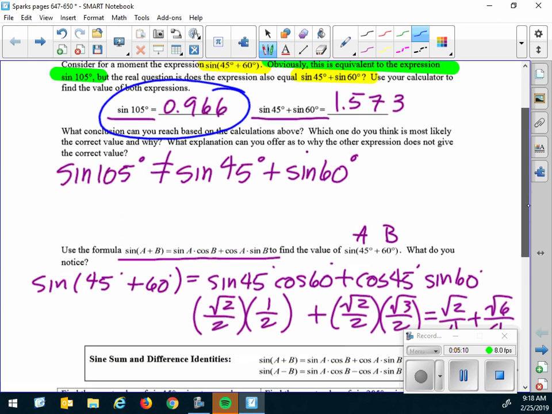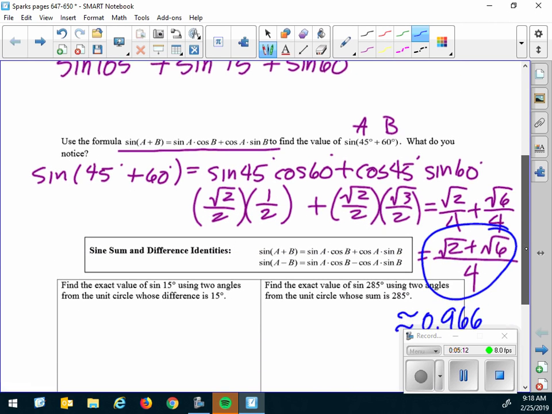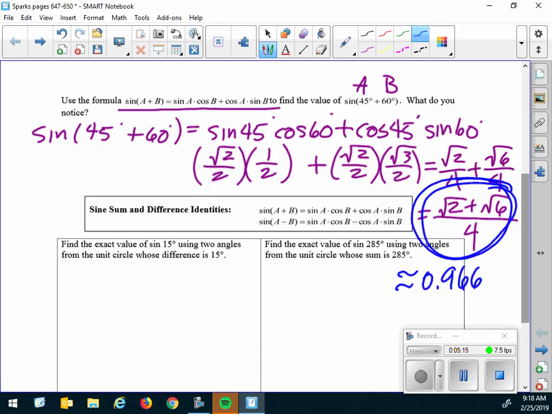They're the same. Ladies and gentlemen, this right here is the exact value of sine of 105 degrees. So we do have some formulas that will work for sum and difference identities for sine.